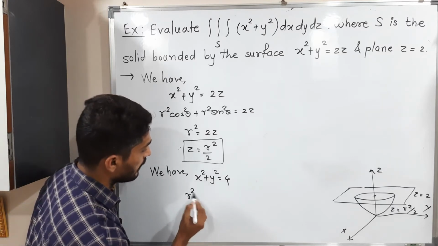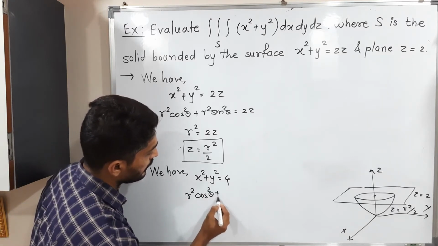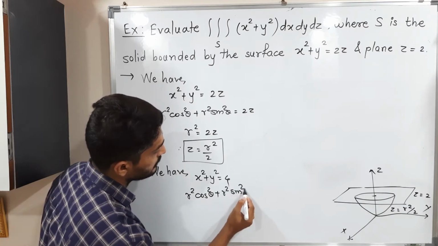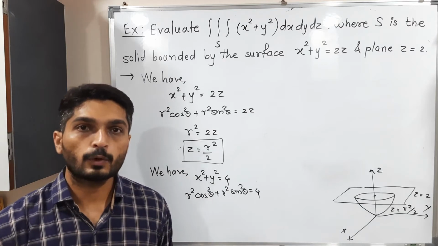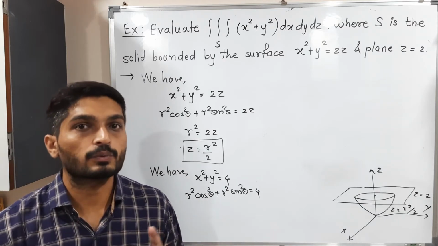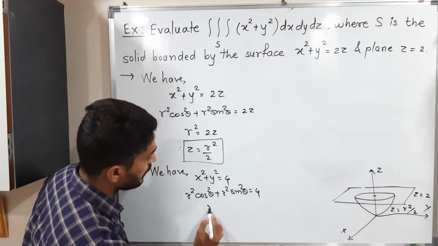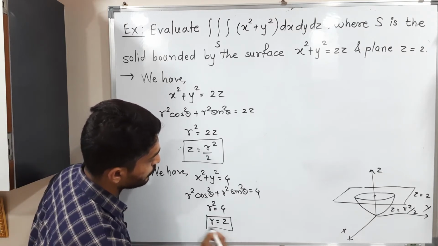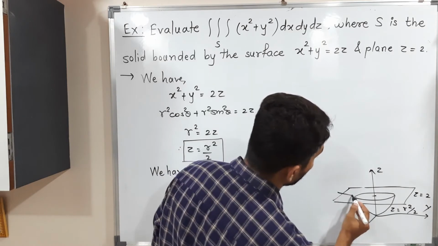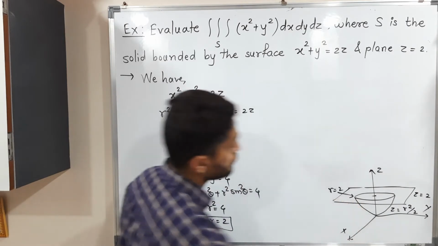That means r square cos square theta plus r square sin square theta is equal to 4. Again I can take r square common, so we will have cos square plus sin square, which is 1. So r square is equal to 4, so r is equal to 2. This is the equation of this circle, r is equal to 2.